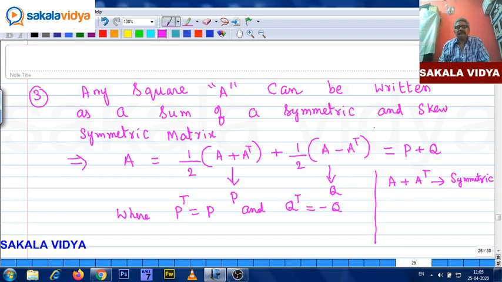See, A minus A transpose is skew symmetric. Okay. So far we have discussed symmetric and skew symmetric matrices. So that means you might have understood now.